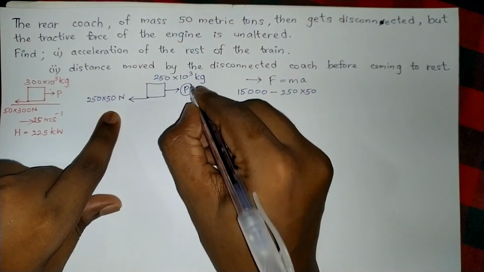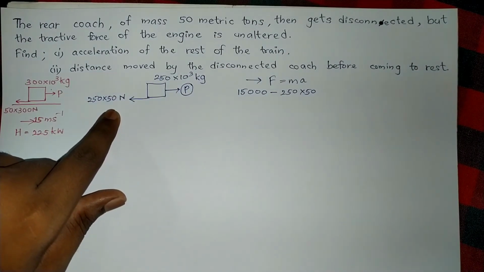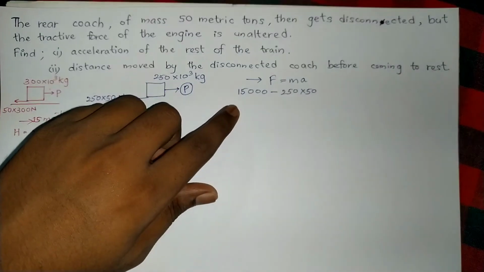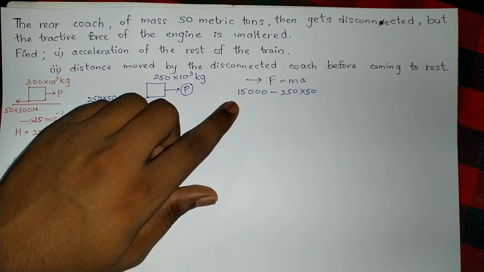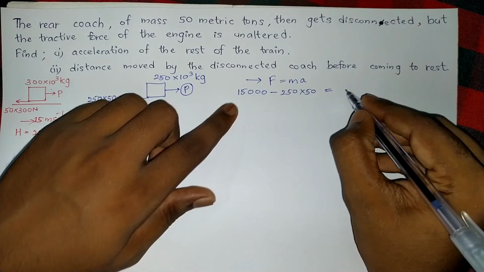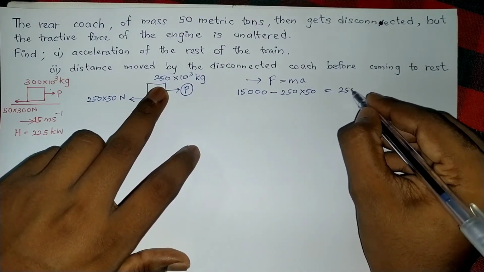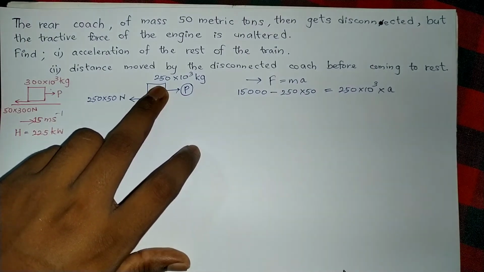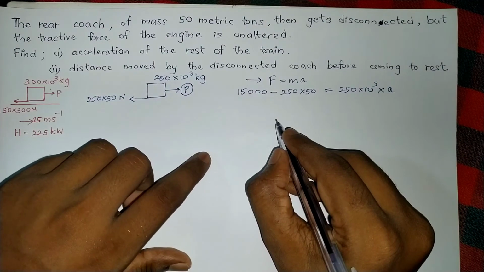The traction force is not changed. Earlier the traction force was equivalent to 15,000. So this is from part 1. Equal to mass, 250 into 10 to the power 3, into acceleration. From this we can calculate the acceleration.